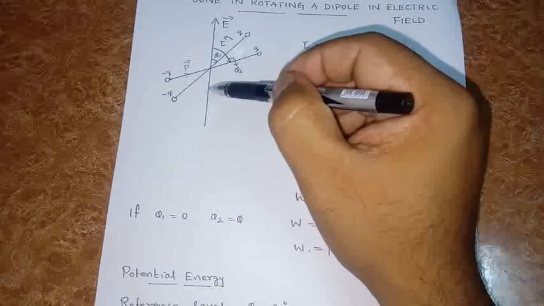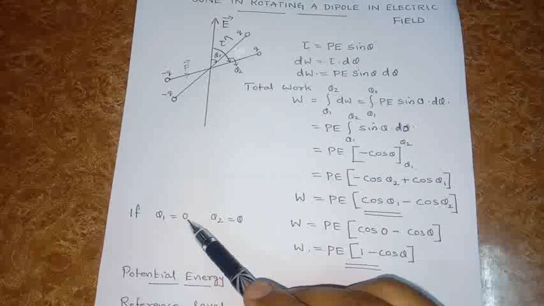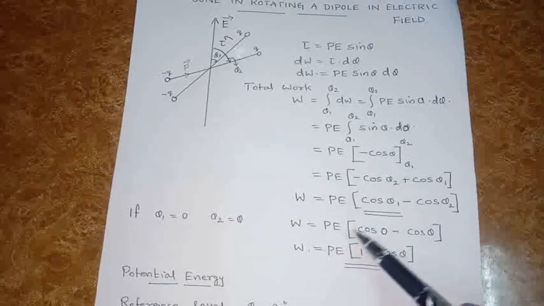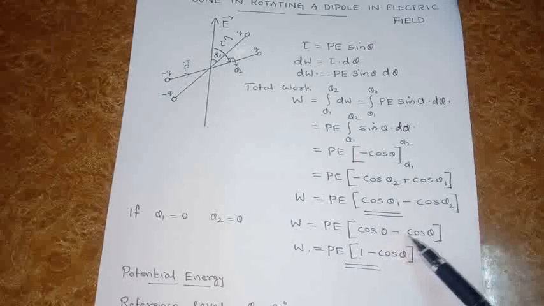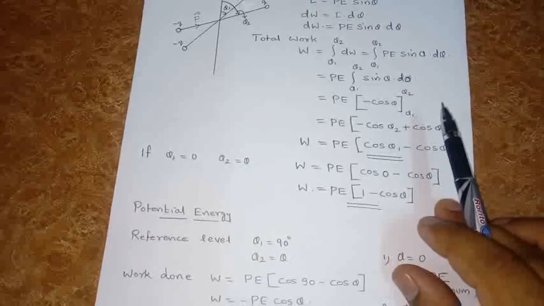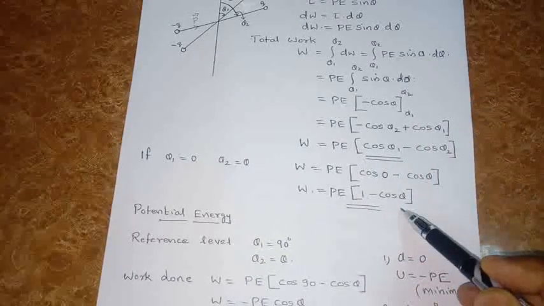That is why the electric dipole moment and electric field are in the same direction. Then theta 1 is equal to 0, theta 2 is equal to theta, and this equation becomes W is equal to pE into cos 0 minus cos theta. So W is equal to pE into 1 minus cos theta. This is a special case of that work done.